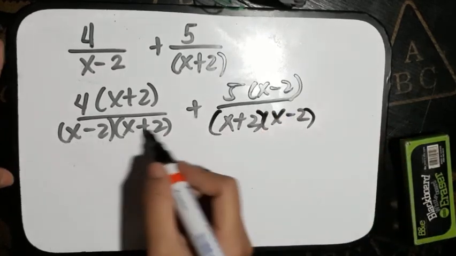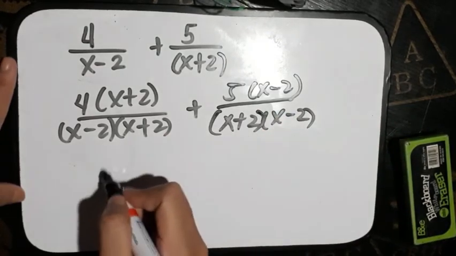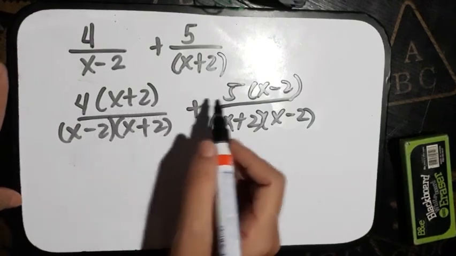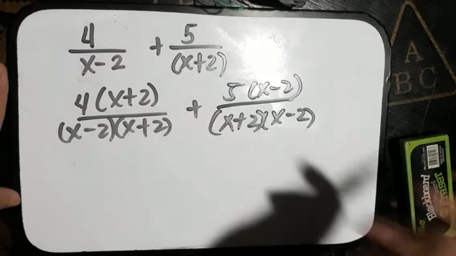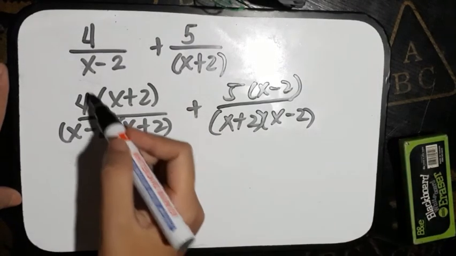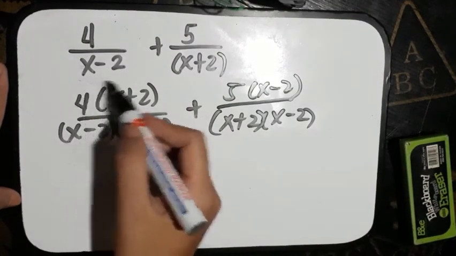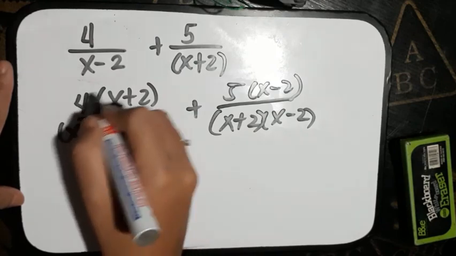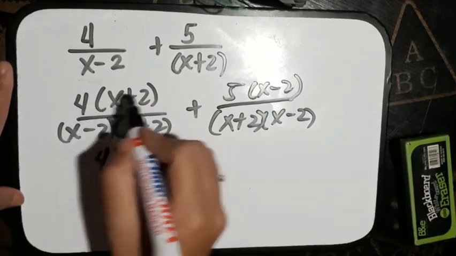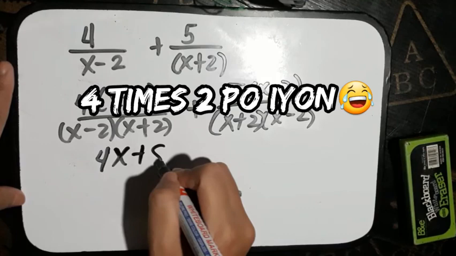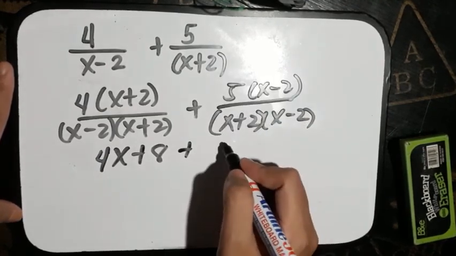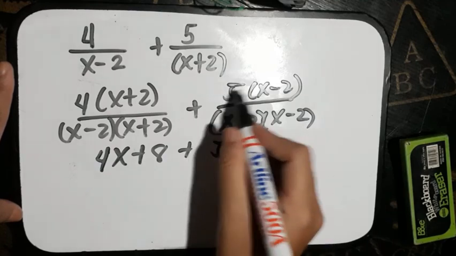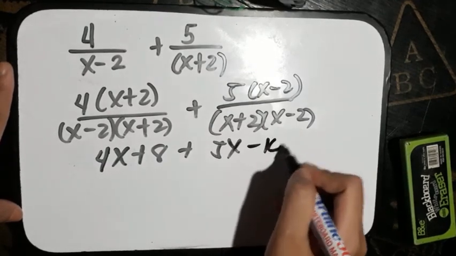Now we have the same denominator, so we proceed on the addition of the upper part, but before that we need to distribute our constants. So 4 times x is 4x. 4 times 2 is equal to 8, plus 5 times x is equal to 5x. 5 times negative 2 is equal to negative 10.